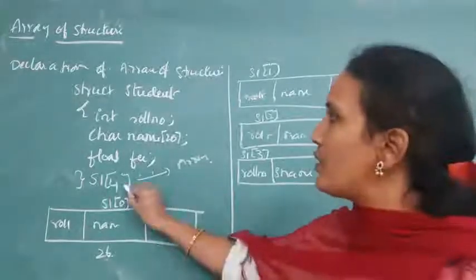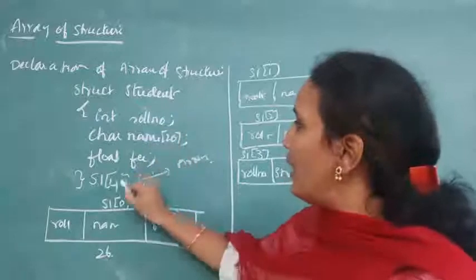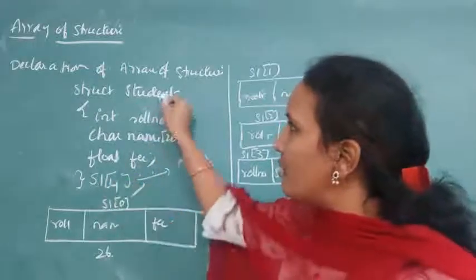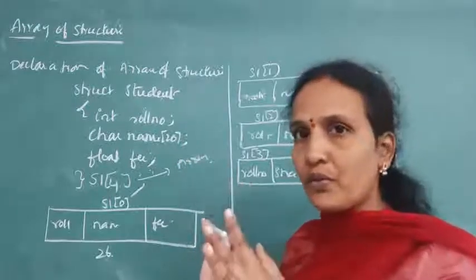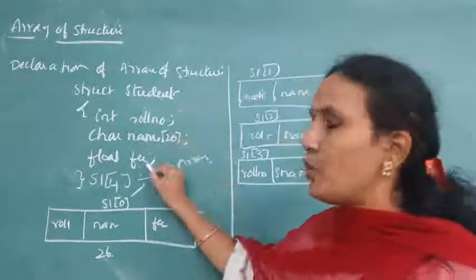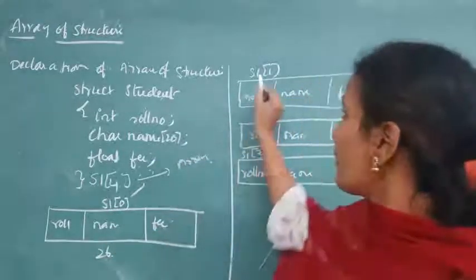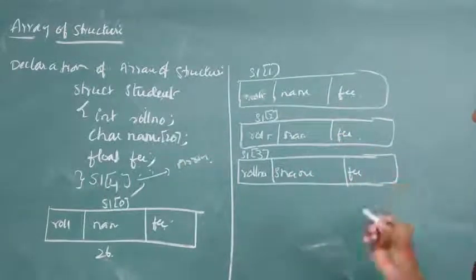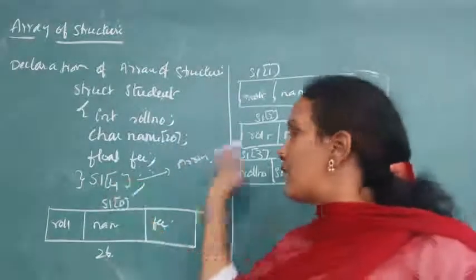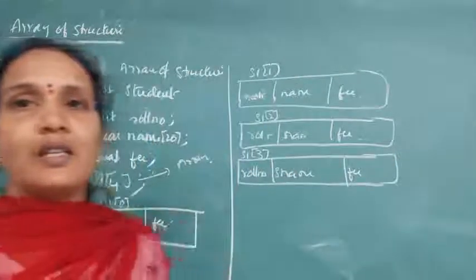So 4 students are using the same structure members, so for each of the 4 students this structure member should be there. First student, again second student, third student, fourth student. If you have, for example, 10 students, you can give 10 students' information. Understood? So this is an array of structure.